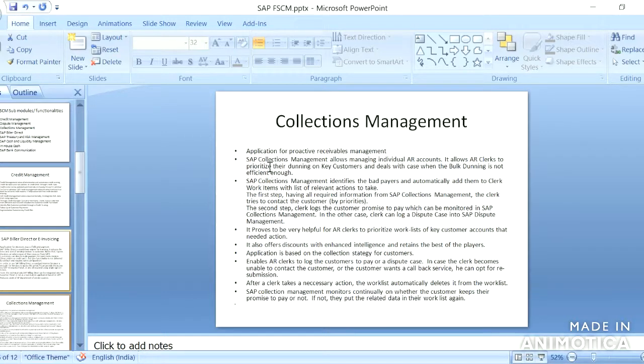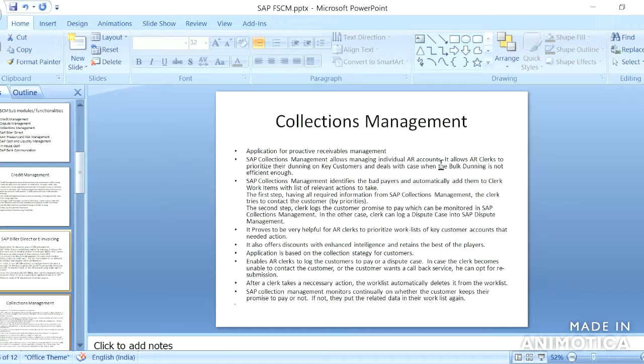SAP Collections Management allows managing individual AR accounts. Each and every customer account is checked whether they are paying the debts by the due date, or whether the amounts are already overdue, and this is the time the collections department needs to pitch in.